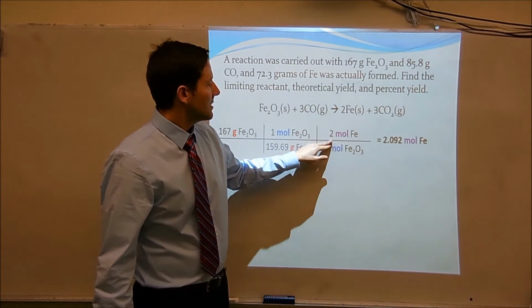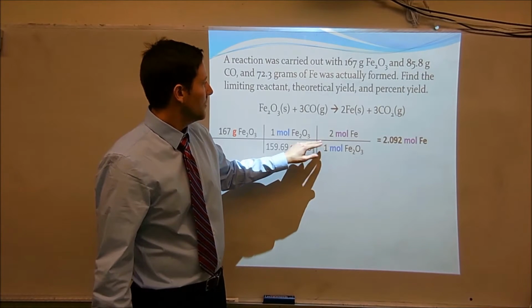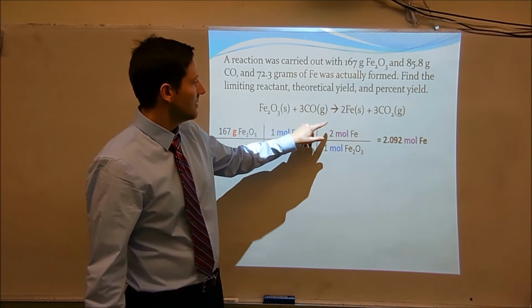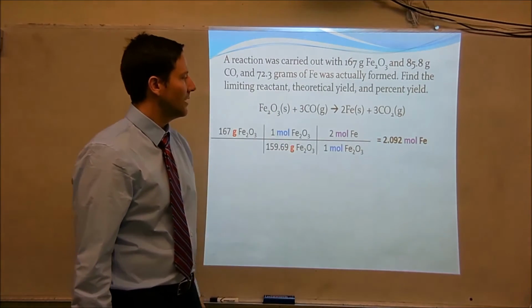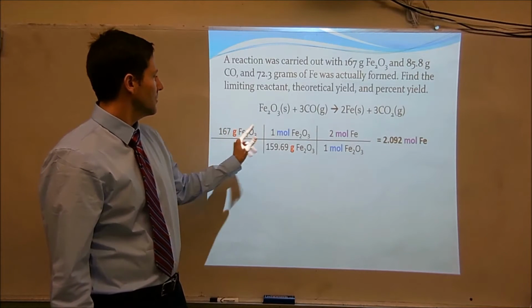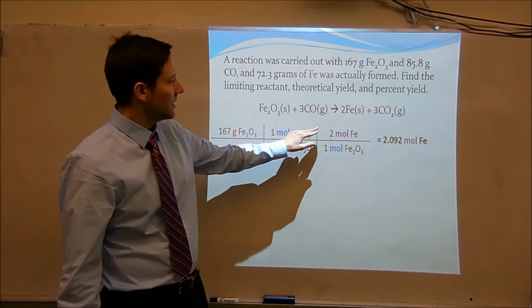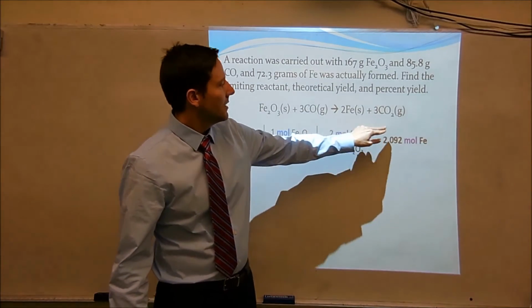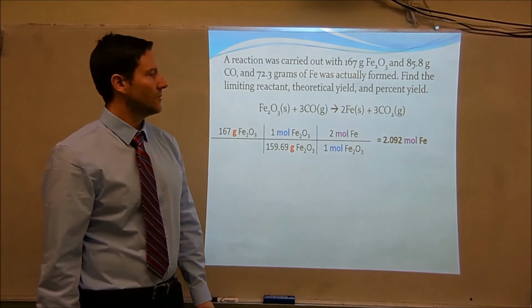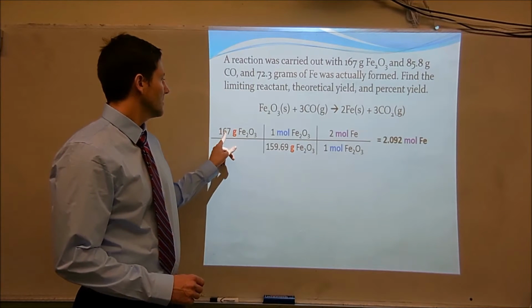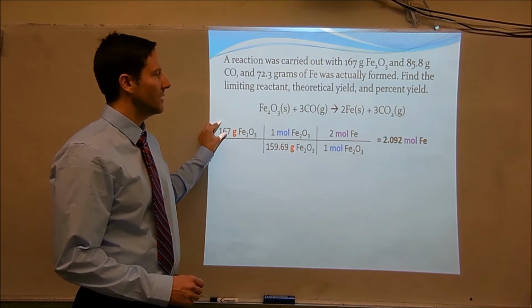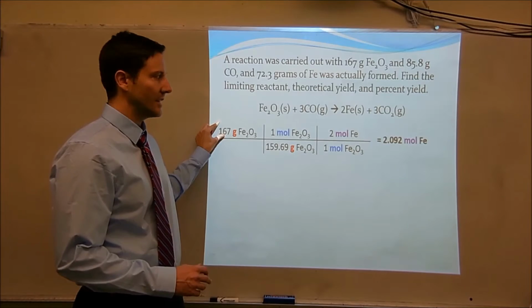And then from the balanced chemical equation, we have 1 mole of iron(III) oxide yields 2 moles of iron. So you go through 167 times 1 divided by this, times this divided by this, and you get 2.092 moles of iron formed, starting with the amount of iron(III) oxide that you were given.